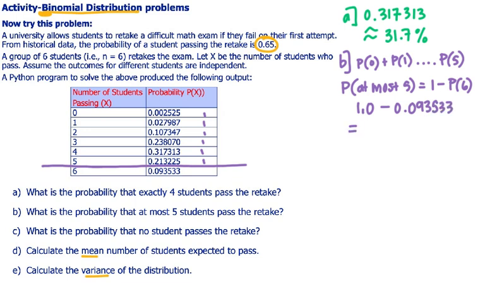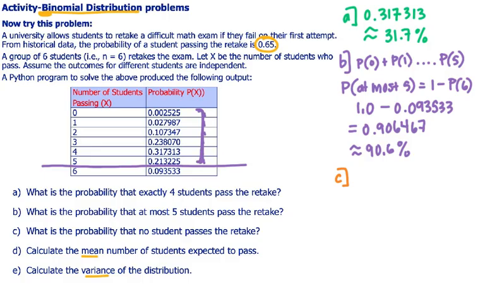When I do that calculation, I'll get 0.90647. And by the way, if you chose to do it this way by adding up all of these probabilities, you should get the exact same answer. So the probability at most 5 students pass the exam, that just means not 6 students passing, is approximately 90.6% probability.